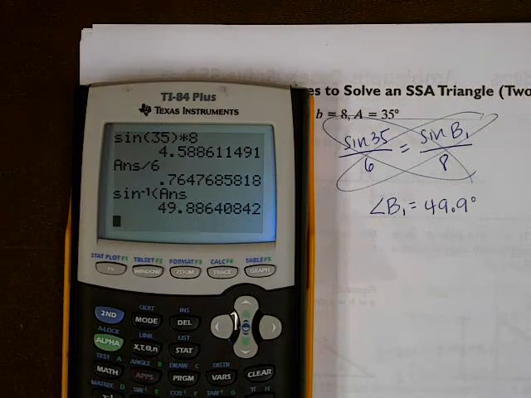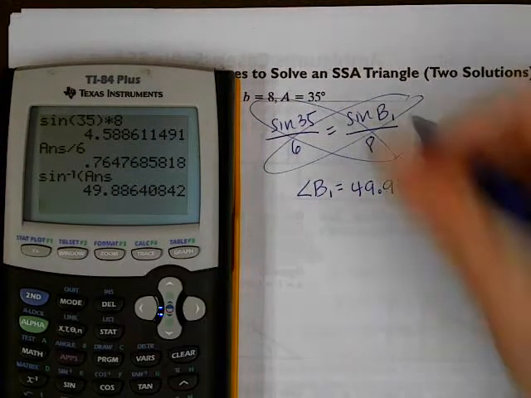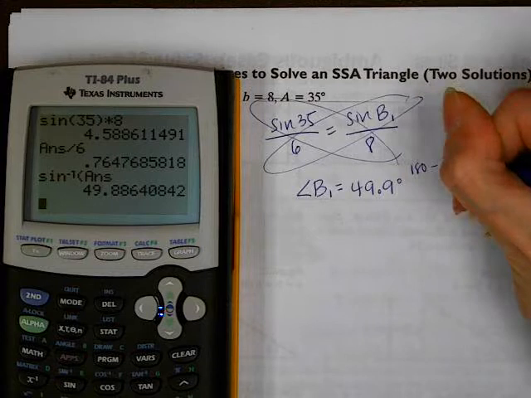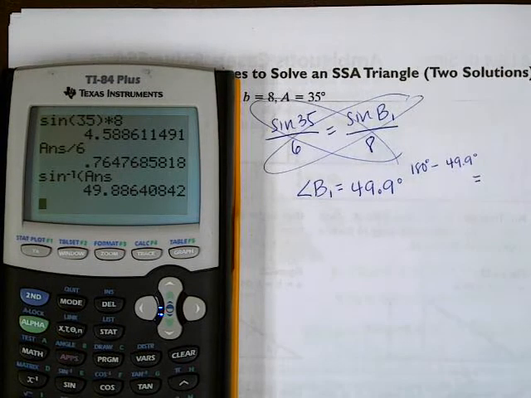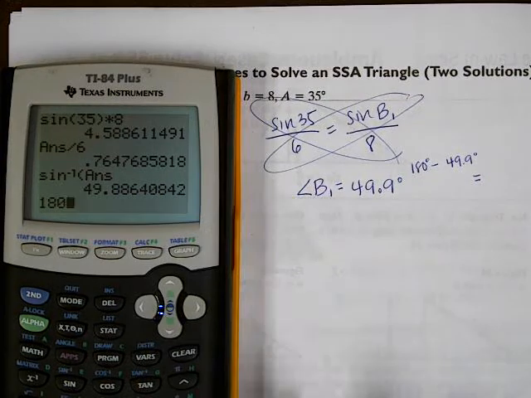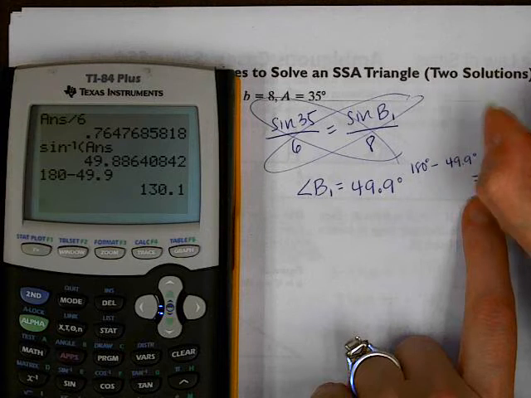Okay, so now let's see if it was possible to get another triangle. So remember, let's take 180 minus that, and let's see if that's possible. So 180 minus 49.9 is 130.1.